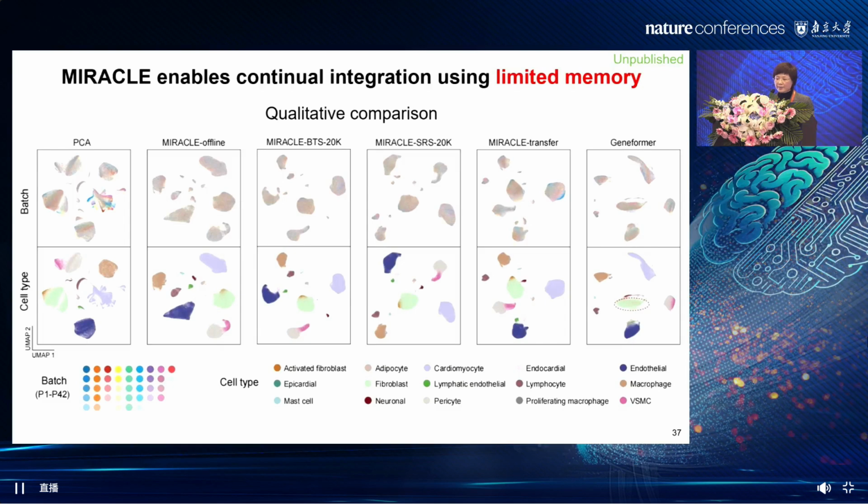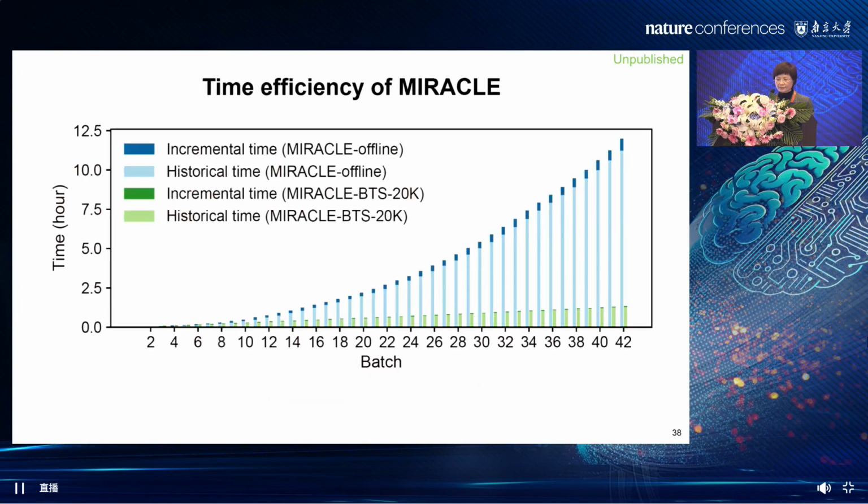Qualitatively, the UMAPs show Miracle BTS 20K effectively removes batch effects and preserves cell types similar to Miracle offline. Importantly, the cumulative runtime of Miracle BTS 20K grows linearly with batches, whereas the offline approach's runtime grows quadratically, demonstrating Miracle's superior time efficiency for continual updates.